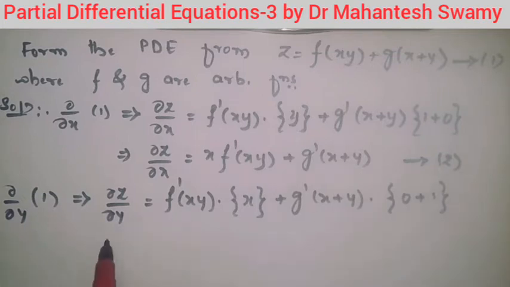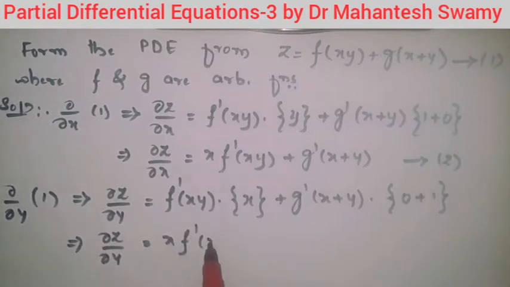So this on simplification gives us dou z by dou y equals x into f dash of xy plus g dash of x plus y.